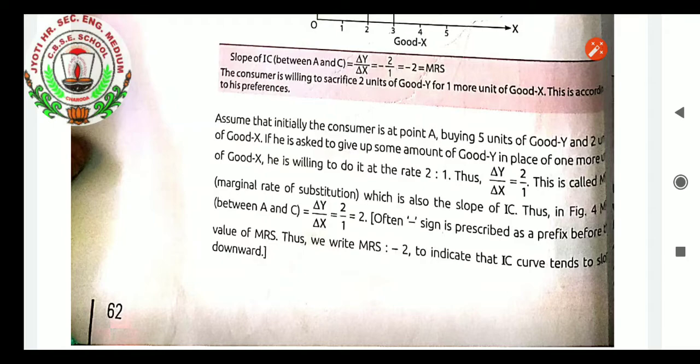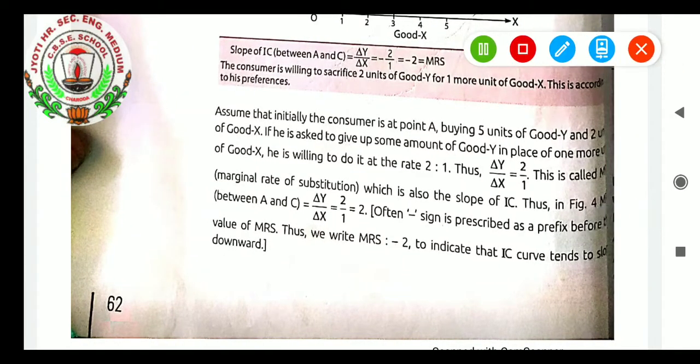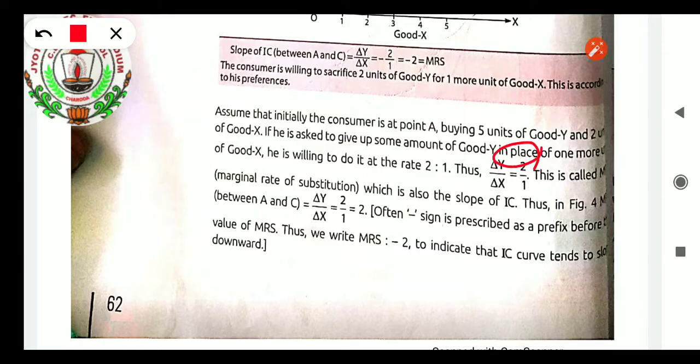So change in Y upon change in X equals 2:1. 2 units have been sacrificed to gain 1 more unit of good X. This is called marginal rate of substitution, which is also the slope of IC.